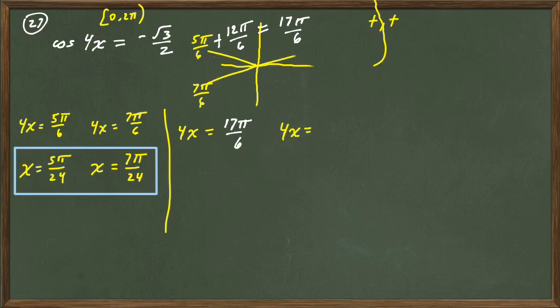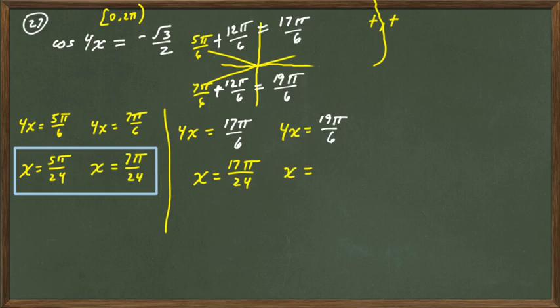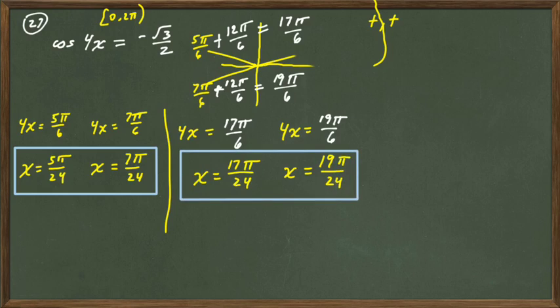And if I added 12/6 to 7/6, would that make 19/6? Multiply by 1/4 makes it into 17 pi over 24. Multiply by 1/4 makes this 19 pi over 24. I'm still not bigger than 2 pi, so I continue.